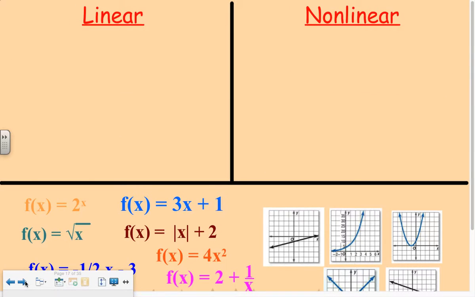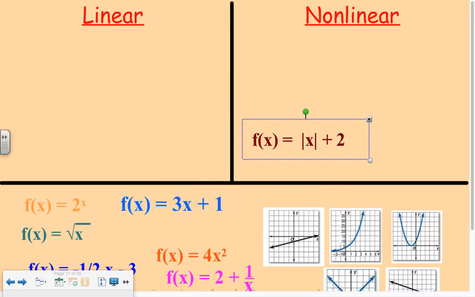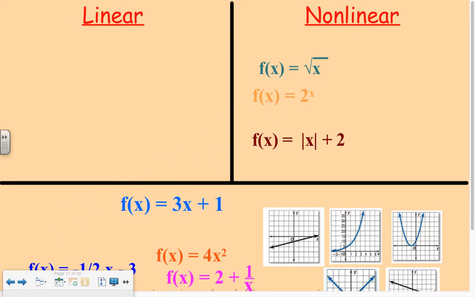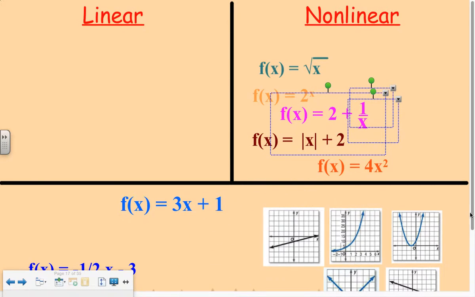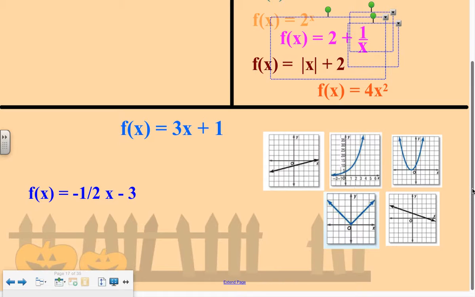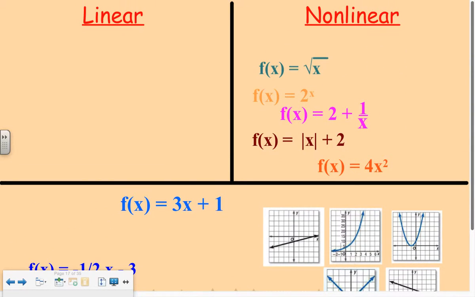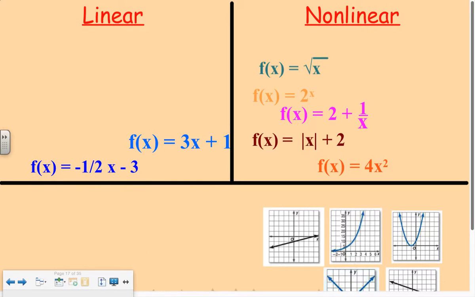All right, linear and nonlinear. Let's follow those same rules. So what did we say? We said absolute value is nonlinear, exponents are nonlinear, square roots are nonlinear, got another exponent, fractions with a variable on the bottom. And then the linear ones would be the 3x plus 1 and the 1/2 x minus 3.